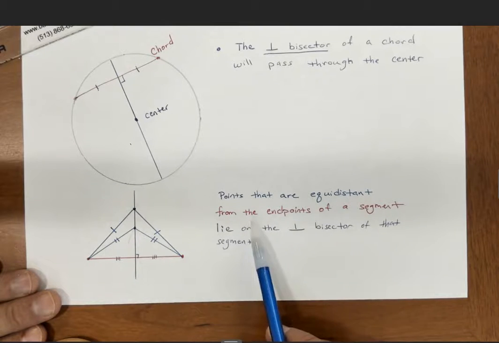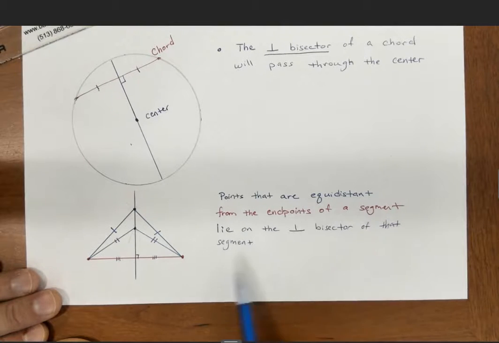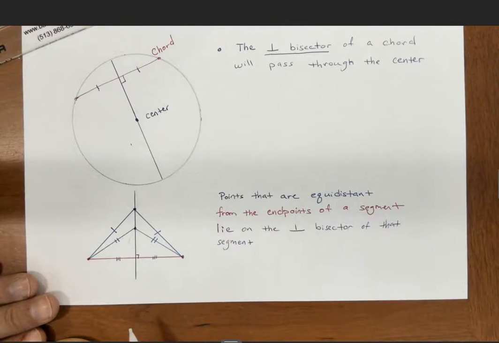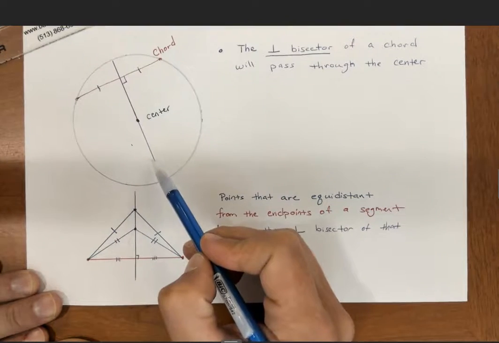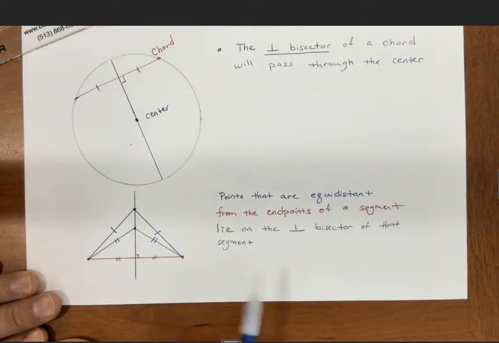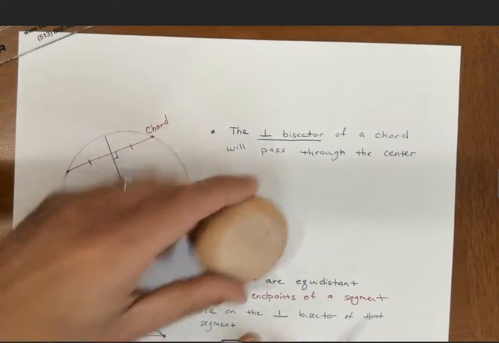So points that are equidistant from the endpoints of a segment must lie on the perpendicular bisector of that segment. We're going to use this to make sure we find the perpendicular bisector, and if we have a perpendicular bisector, we know it's going to include the center. Hopefully that gives you a little background into what we're doing.